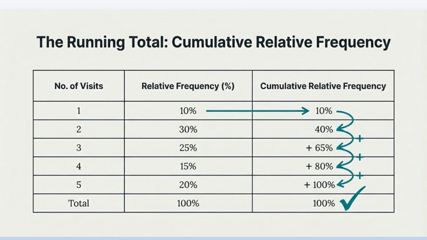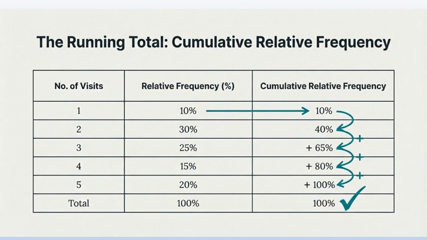Here, our relative frequency percentage is 10% for number of visits 1 and for number of visits 2 it is 30%, and so on. For number of visits of 5, 20% is our relative frequency. For the cumulative relative frequency, the first one we write the same, 10%, and add the relative frequency of the second visit and first visit. 10 plus 30 is equal to 40%.